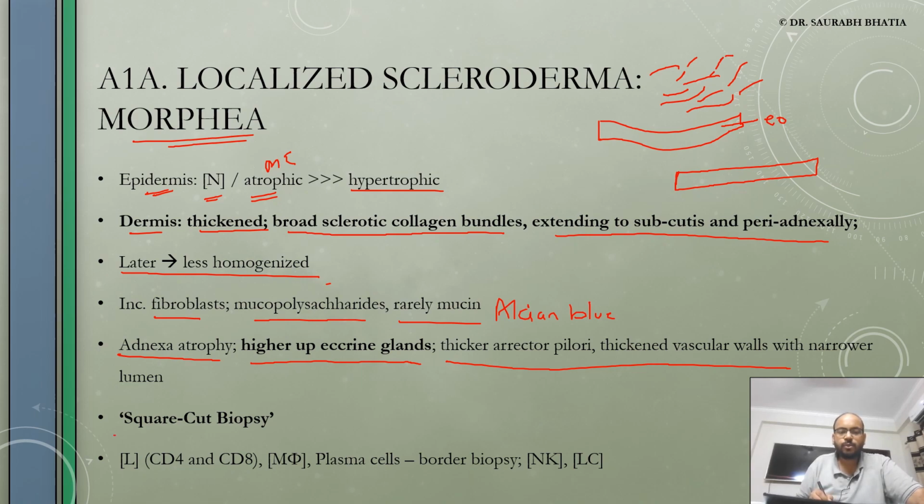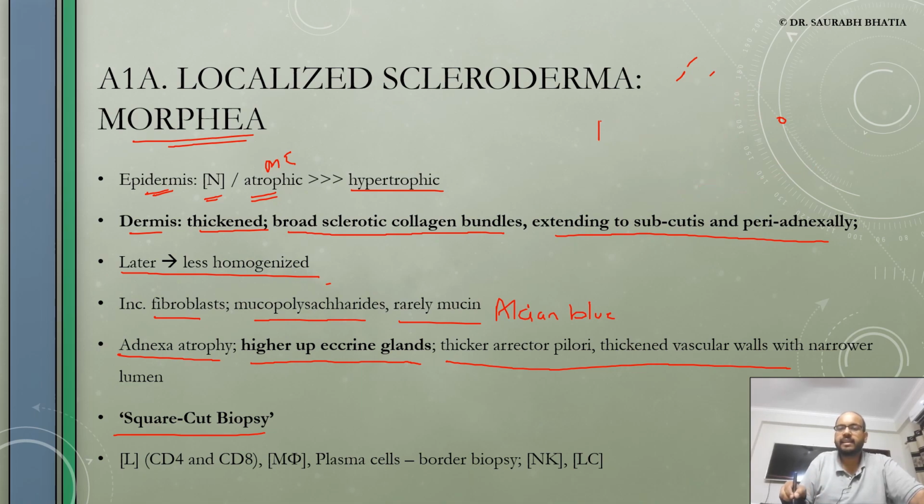What we describe as a square cut biopsy. What do we mean by square cut biopsy? Whenever you biopsy a tissue, after the tissue is removed from the body, it shrinks up and gets fixed in formalin.